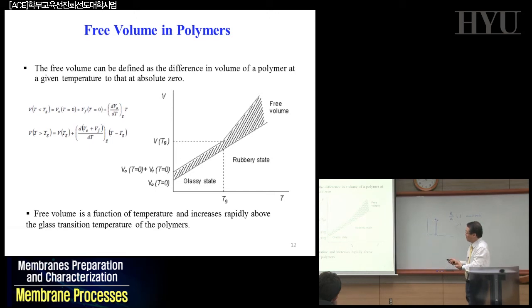Anyway, free volume is always present in the polymer below the melting temperature in the solid state. We can describe this free volume in some way, which is called the Ferris equation, so that you can measure the free volume.